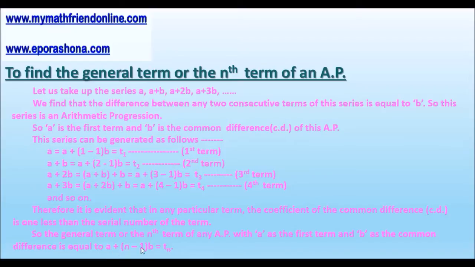Of course, a and b are also numbers, and n is also another number. So we can get the value of any term of an AP having a as the first term and the common difference as b. We have arrived at the general formula for the nth term of an AP, having the first term as a and the common difference as b.